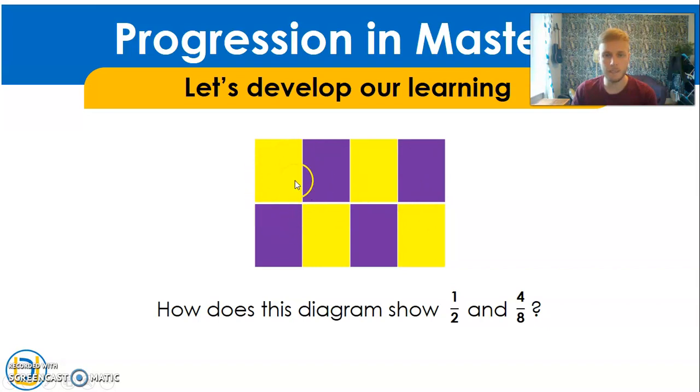And we can see really clearly that we'd have a half purple and a half yellow. But this diagram does also show us 4/8, because altogether we've got 1, 2, 3, 4, 5, 6, 7, 8 equal parts. 4 of them are purple. So we could say 4/8.